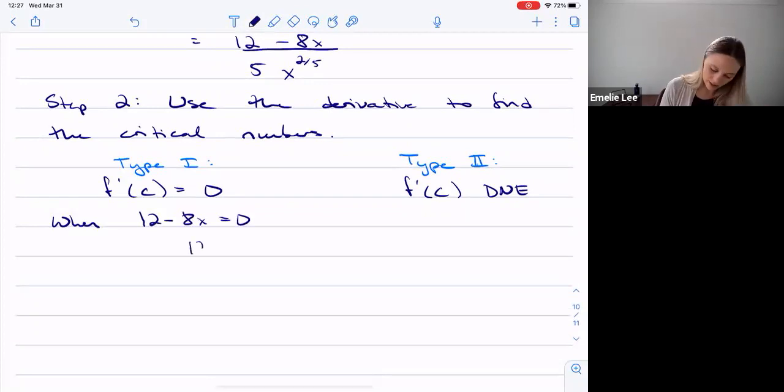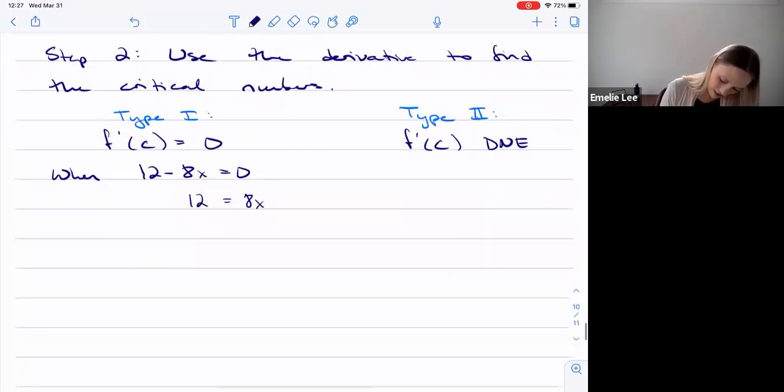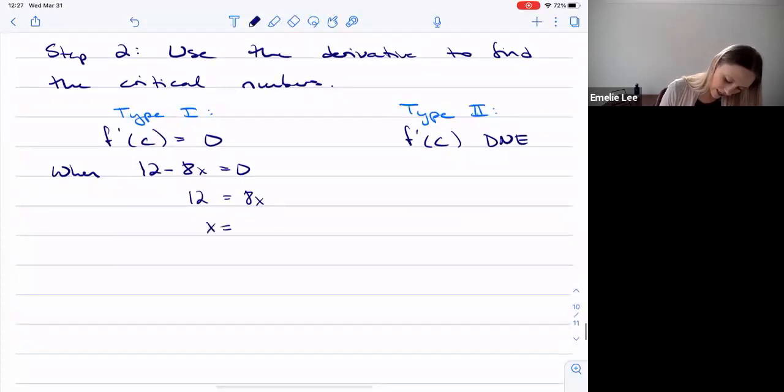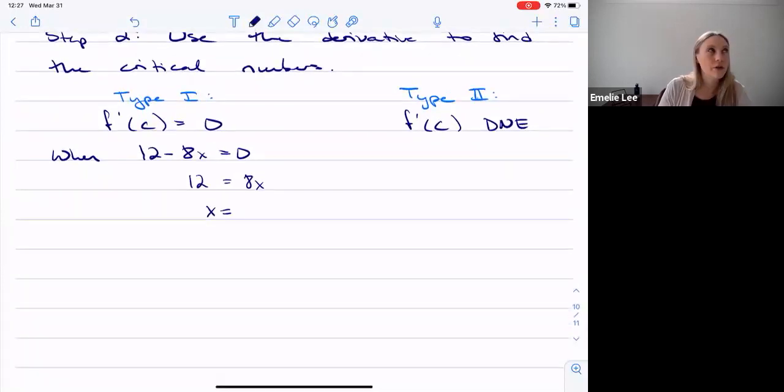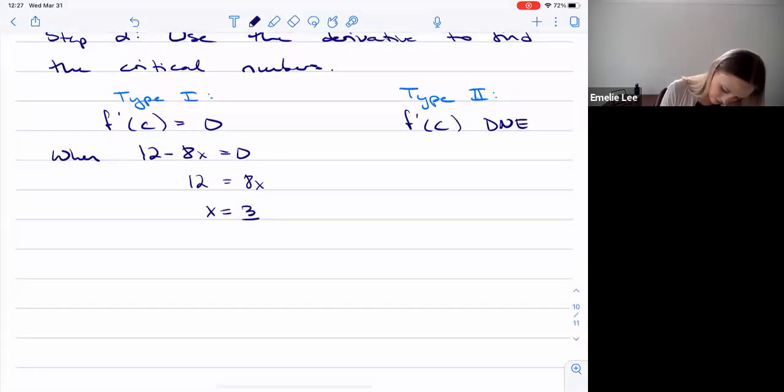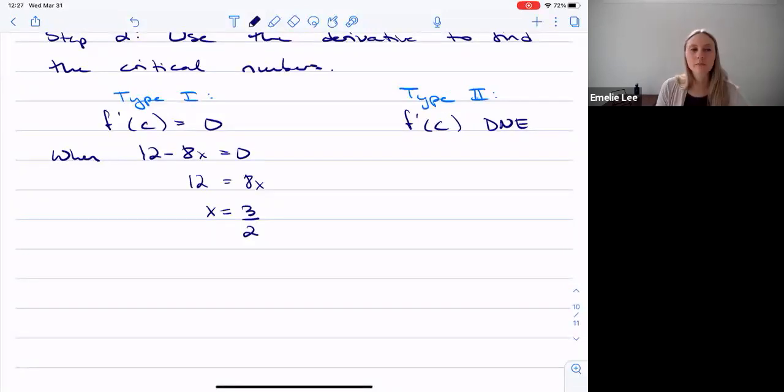So now I can solve, okay, 12 equals 8x. So when x is 12 over 8 or 3 over 2, let me just make sure. Yeah. That's the only time that it's going to be equal to 0. So that is a potential maximum or minimum value.